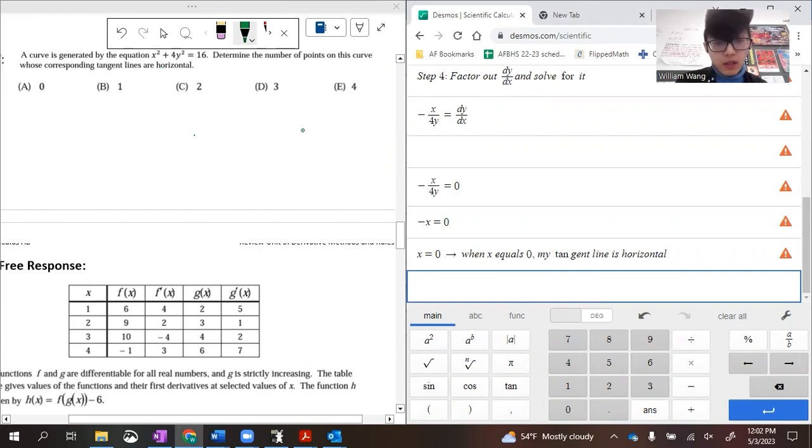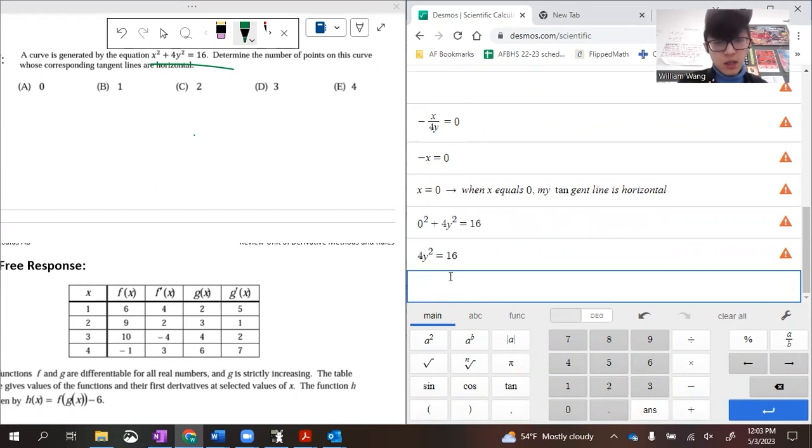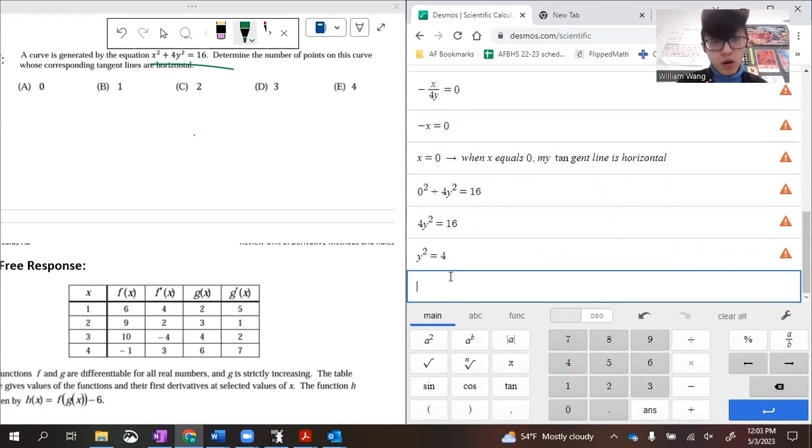So my original equation is going to turn into 0 squared plus 4y squared is equal to 16. That means 4y squared is equal to 16. That means y squared is equal to 4. That means y is equal to square root of 4, but careful, it's plus minus square root of 4.